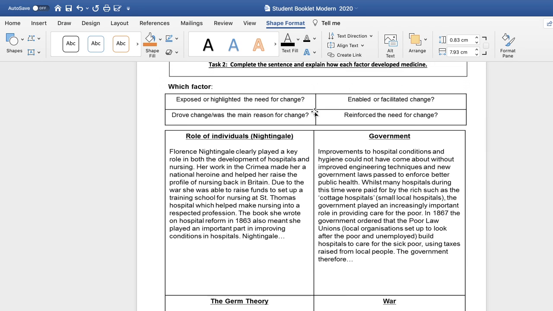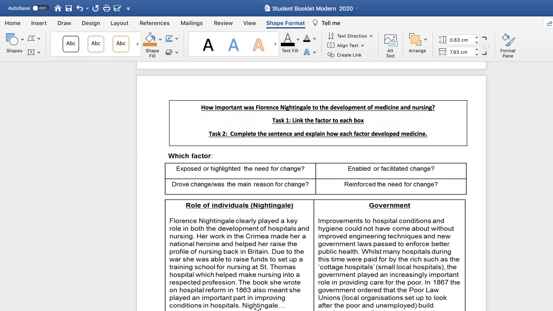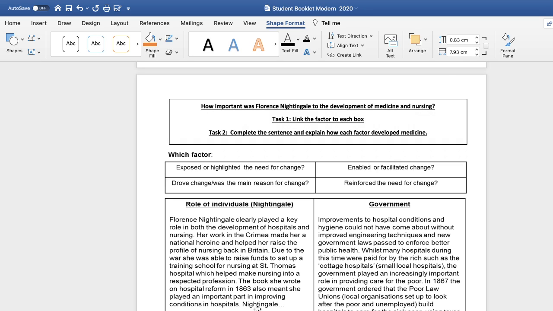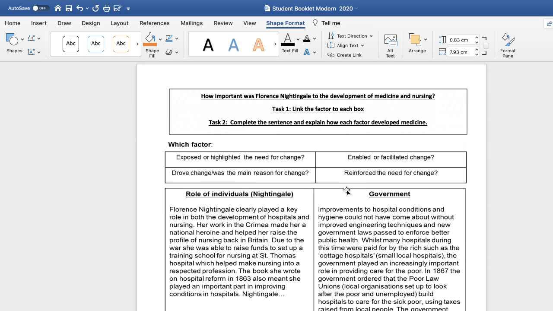First, you need to think about which one, role of individuals, government, war or germ theory, in terms of nursing and hospitals, exposed the need for change. Which one drove the reason for change? Which one enabled it? And which one reinforced the need for change?